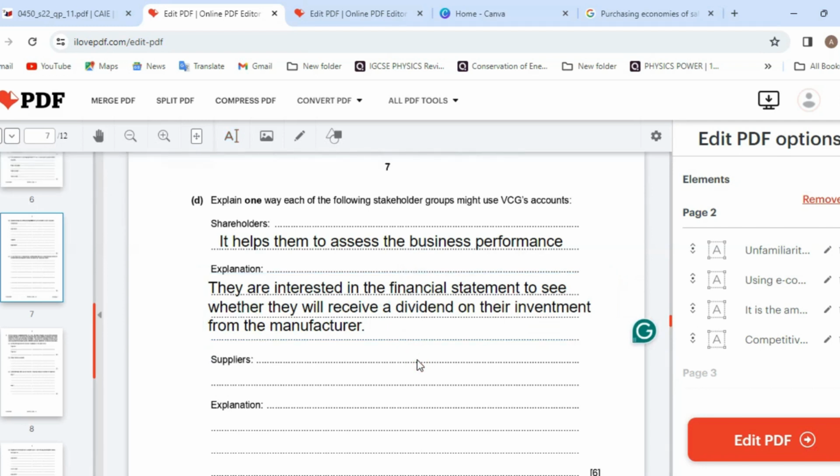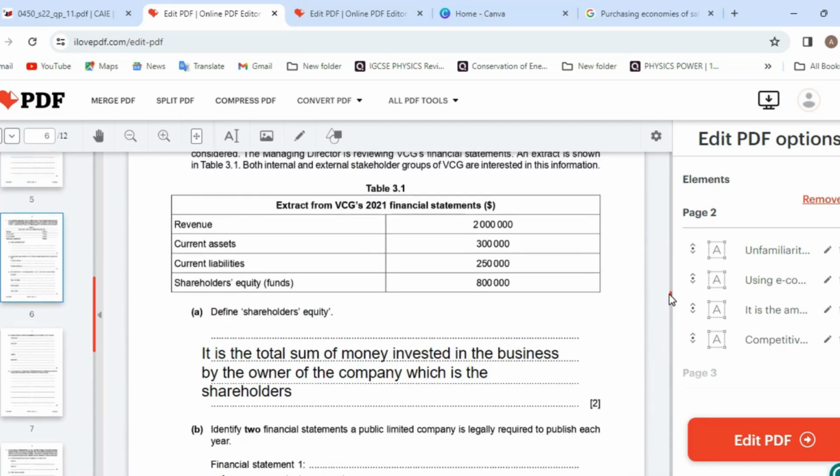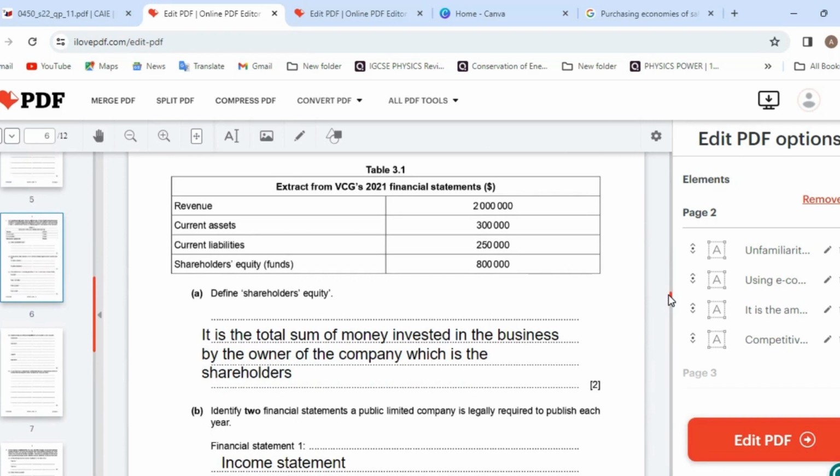Now to suppliers. Why do you think suppliers are also interested in the financial statement? Here they have revenue of $2 million, current asset of $300,000, and current liability of $250,000. They also have the shareholders' equity fund, which is 800,000.